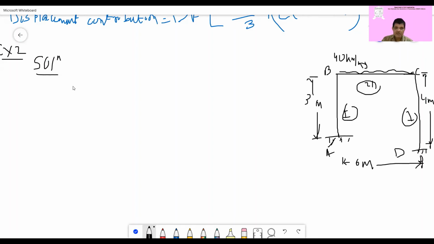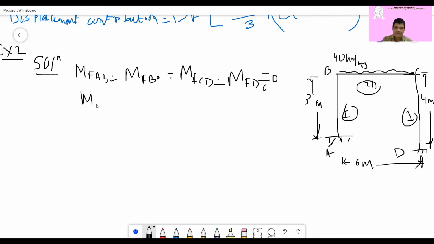Now the fixed end moments for the columns will be 0. We find the fixed end moment: MF AB is equal to MF BA is equal to MF CD is equal to MF DC is equal to 0.